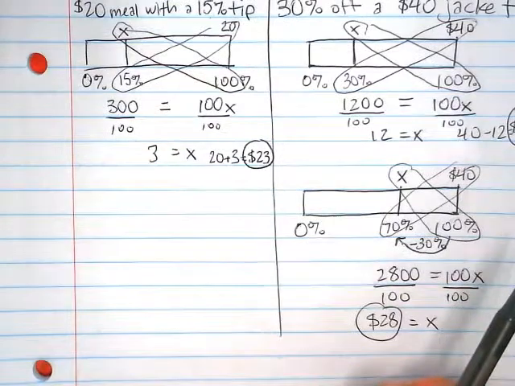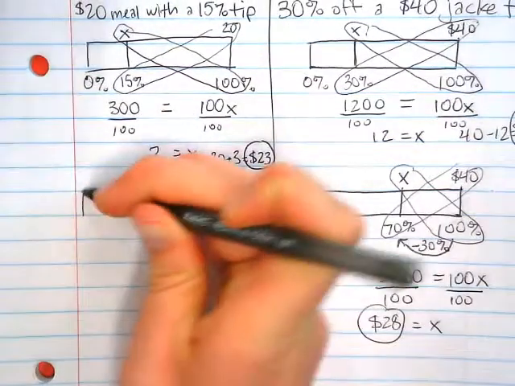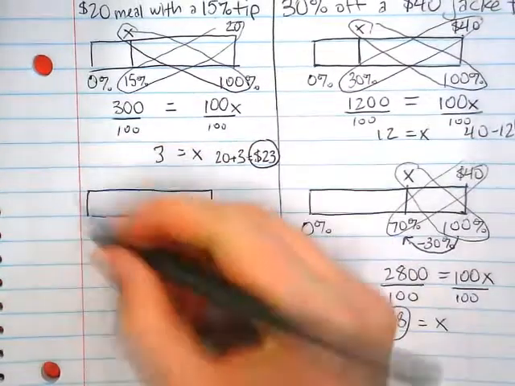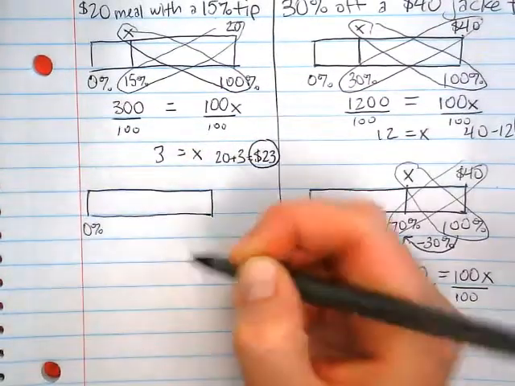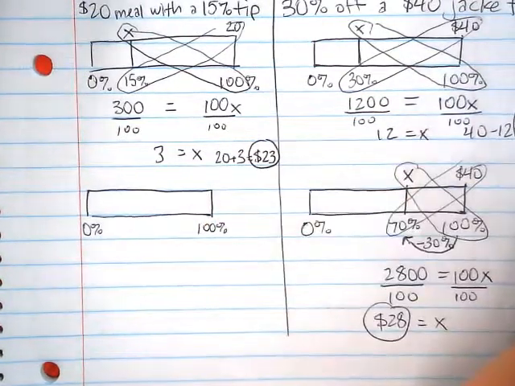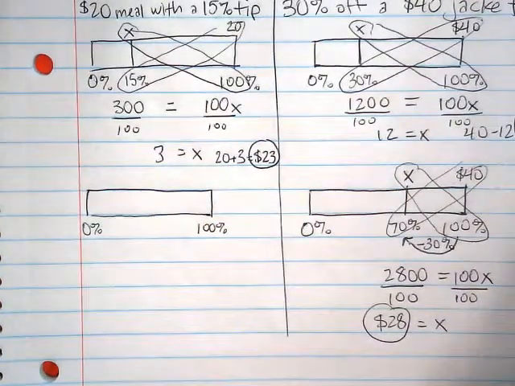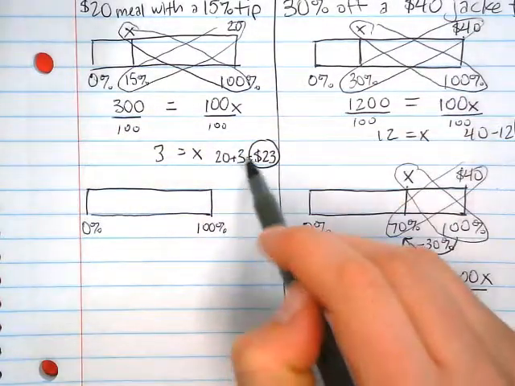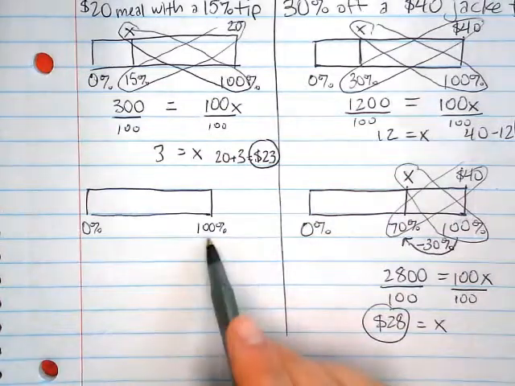All right, and our last strategy to solve the same problem. I have my 0% and 100%. Now in this strategy, instead of adding at the end, I'm going to actually add at the beginning.